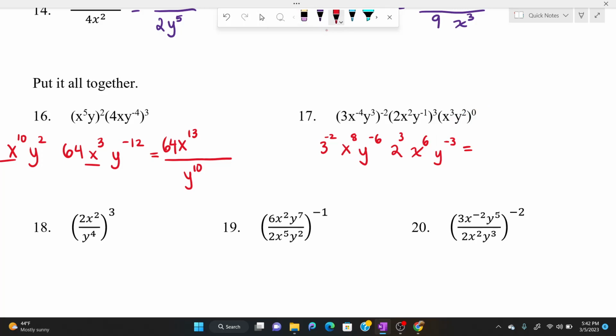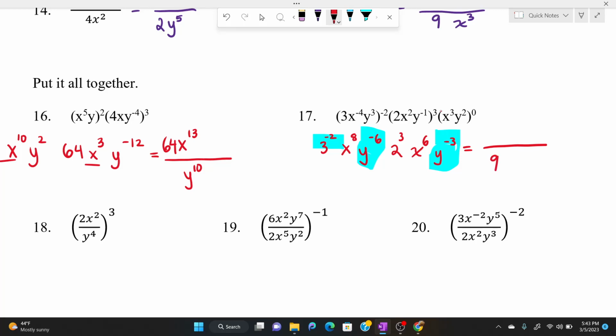So, okay, let's put all the negative things in the bottom right now. So we have this that's negative, this that's negative, and this. So those will all go in the denominator and become positive. So 3 to the positive 2 power is 9.